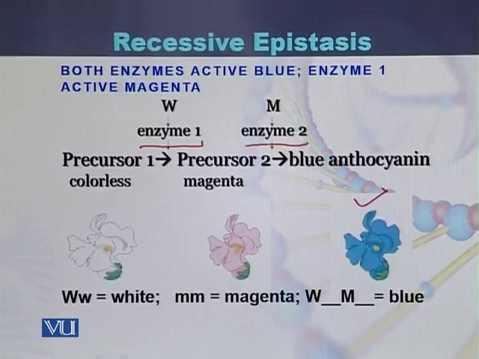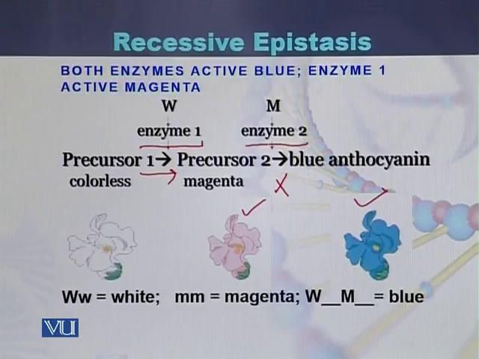While if enzyme 2 does not function, then precursor 2 will not be converted into blue anthocyanin, and the color of the flower will be pink or magenta. This is magenta. Precursor 1 will be converted into precursor 2, where colorless is converted into magenta, and magenta will not be converted into blue anthocyanin.